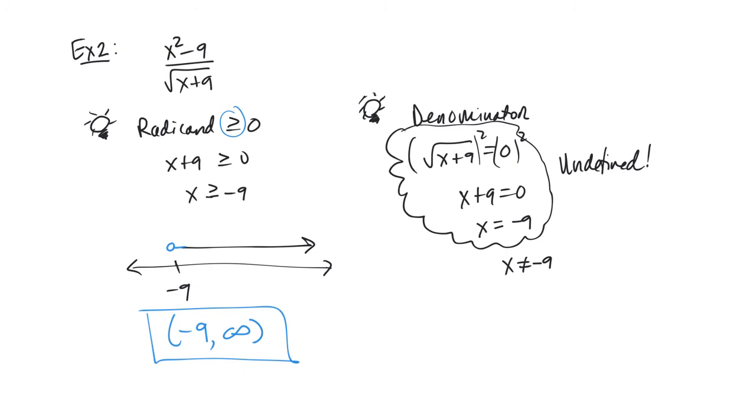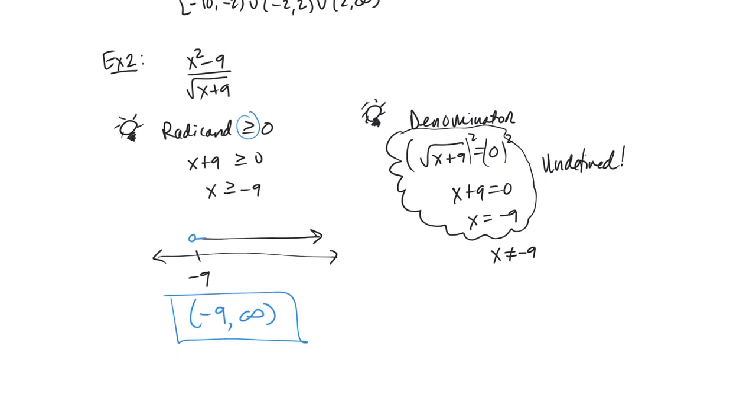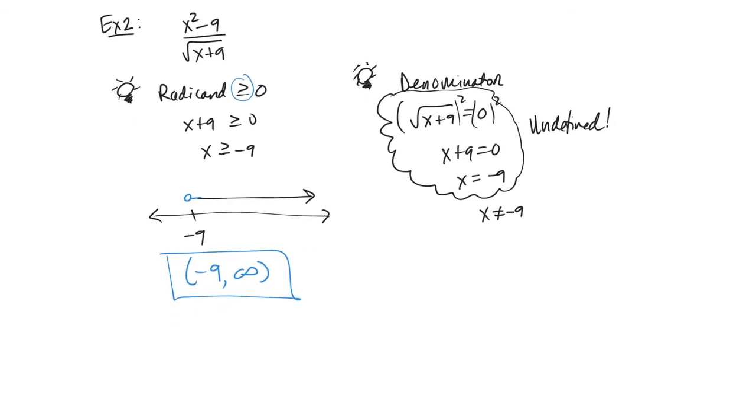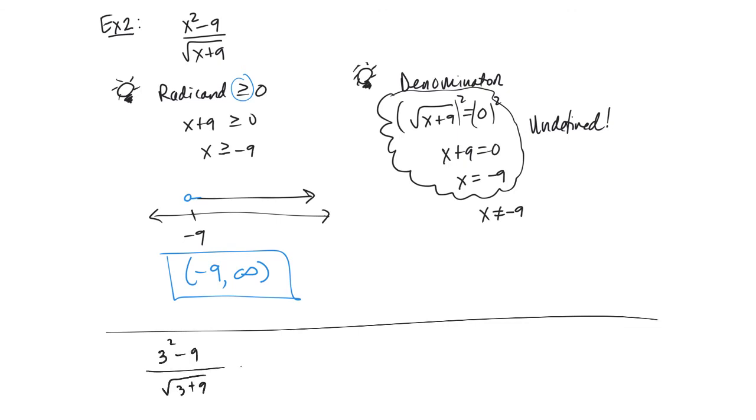All right, and a lot of times students want to restrict the numerator, but let's see what happens if the numerator is 0. That happens when x is 3. 3 plus 9, that would give us 9 minus 9, so that's 0 over the square root of 12.